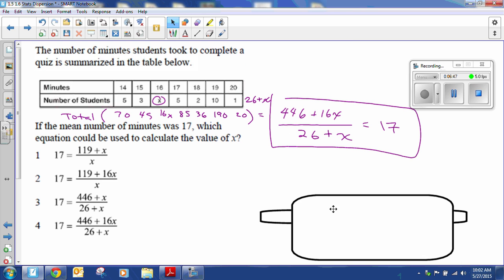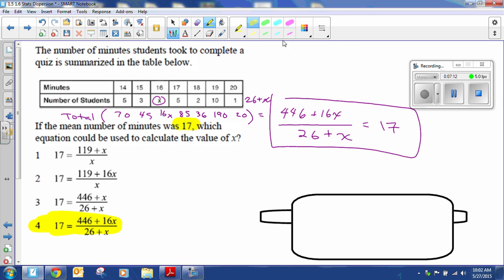And that's how we're going to divide 26 plus x, and set that equal to 17 because that is the mean that's given to us. Therefore, answer choice 4 is the equation used to answer this question, how many students took 16 minutes.